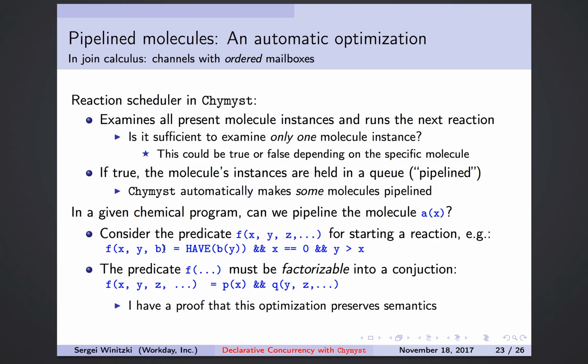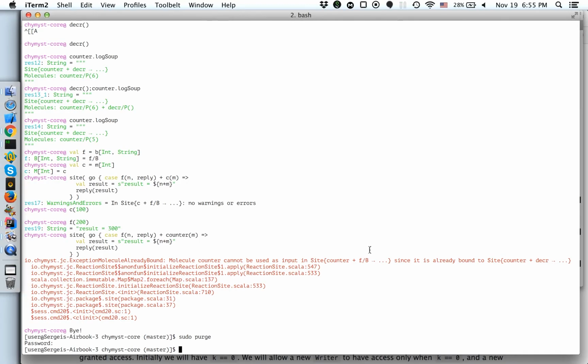Reaction can start with molecule A of x and molecule B of y if we have a molecule B of y in the soup, and if x is equal to 0, and if y is greater than x. That could be code that looks like this.